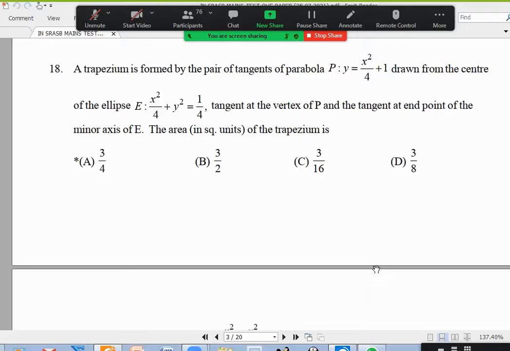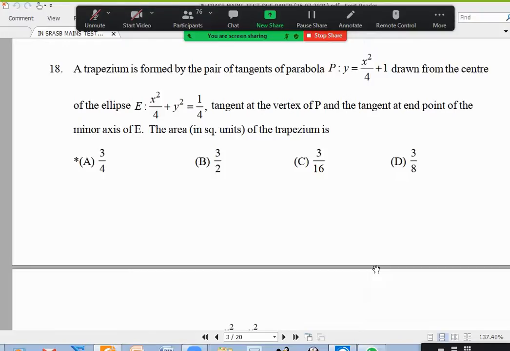Okay, y equal to x square by 4 plus 1. It is an upward parabola. This point is 0, 1. And the ellipse is x square by 1 and y square by 1 by 4 equal to 1.